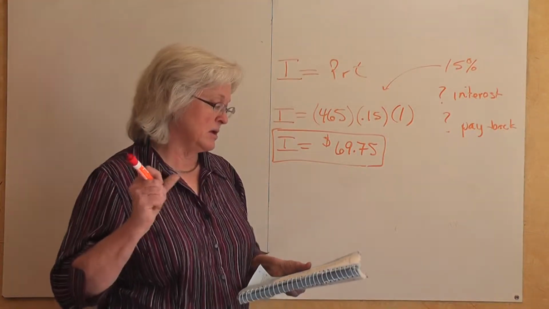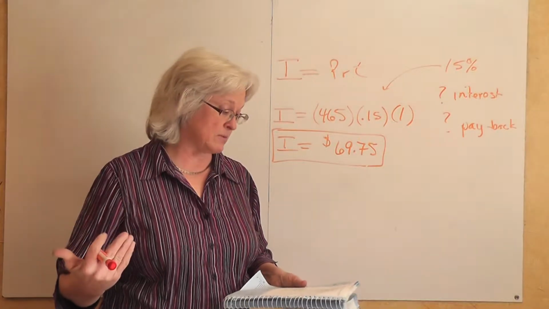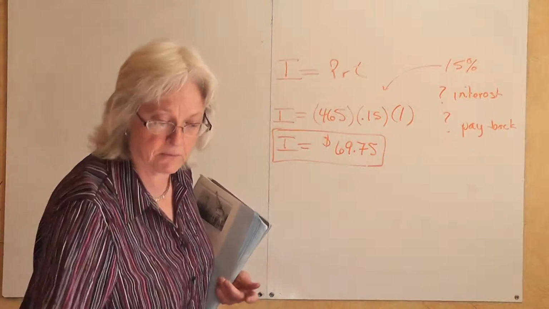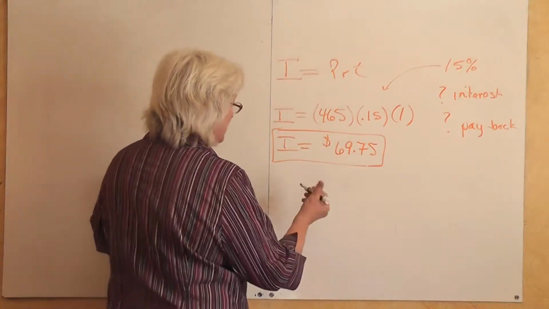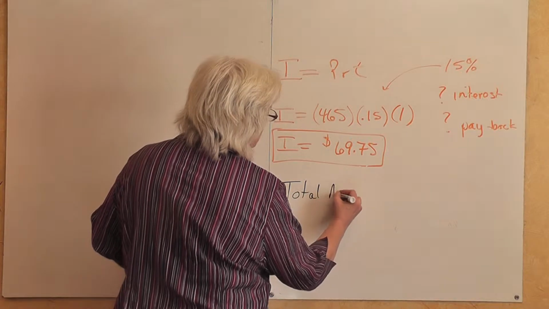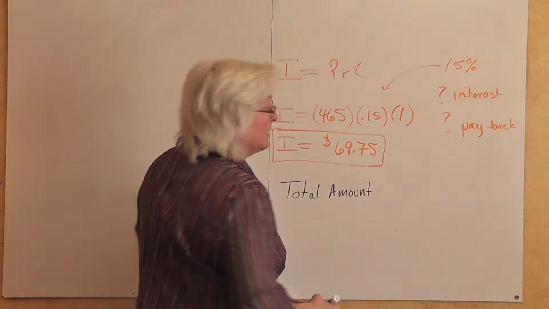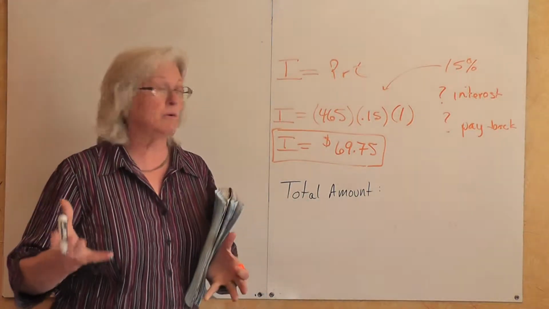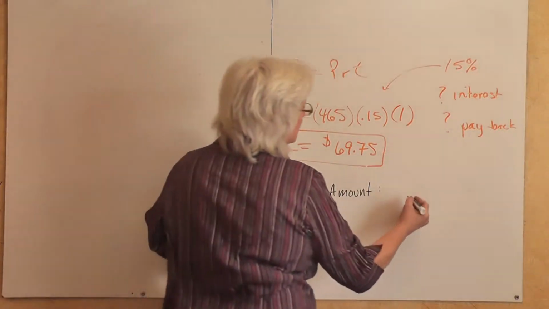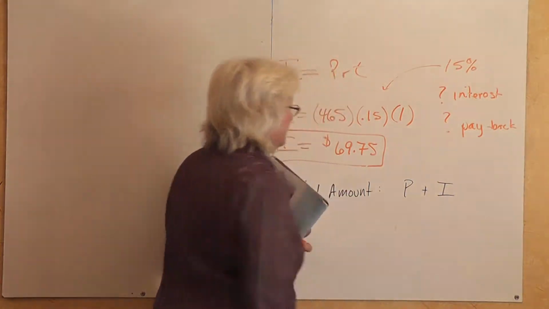So the payback. How are we going to find the amount of money that Aaron pays back? Well, that's very simple. If we're going to find the total amount of payback, or the total amount paid, and you guys know what this is going to be. The total amount is going to be the principal plus the interest.